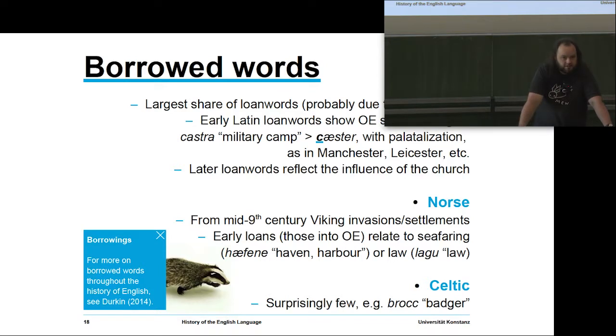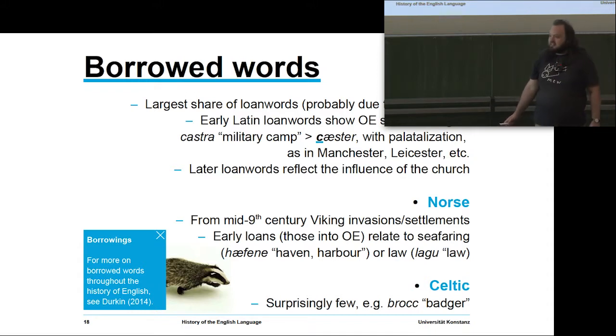So in the texts we see a fair number of Latin loanwords, but that doesn't mean that these were words that people were widely using in day-to-day life. In fact, often they're very clearly not. There are very, very early loanwords into Old English from Latin.